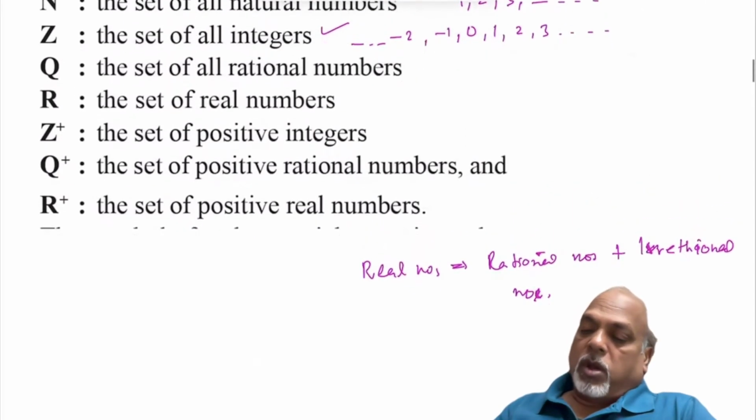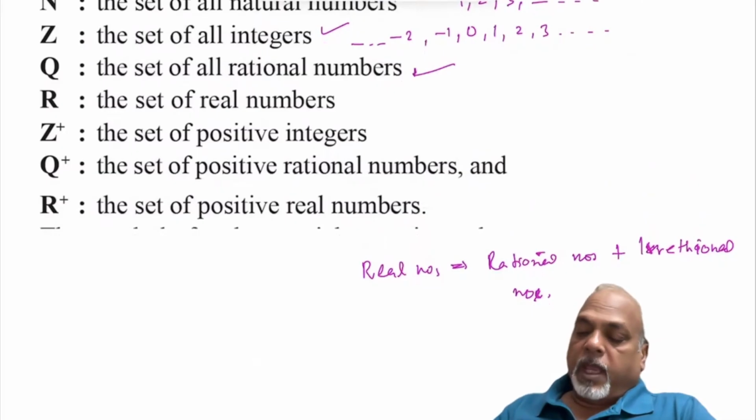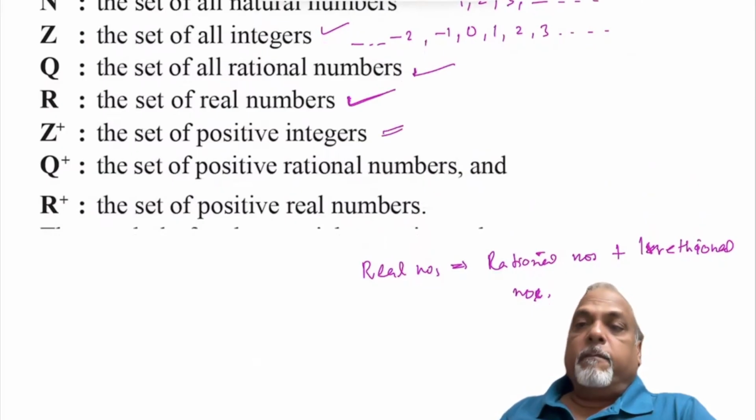Correct? So a set of all rational numbers is a particular kind of object. Set of real numbers, or we can define set of positive integers, set of positive rational numbers, and set of positive real numbers.